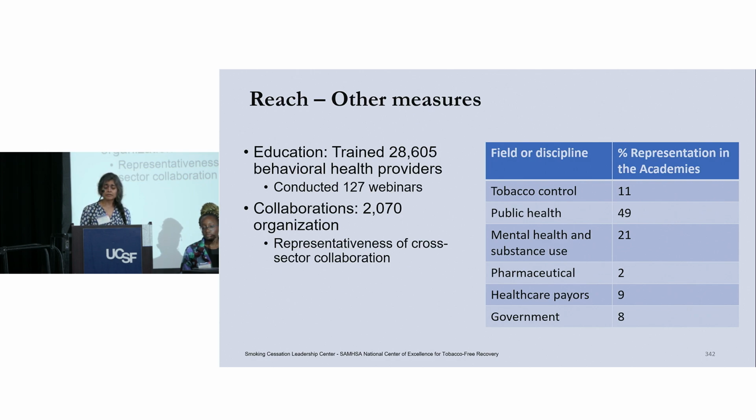The table here represents the cross-sector collaboration and the representativeness in the academies. You can see that 90% of the participants in these leadership academies come from disciplines across public health, mental health and substance use, healthcare payers, and the government, and 10% from tobacco control.